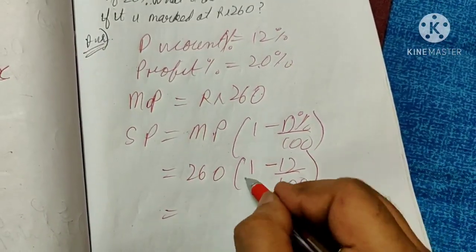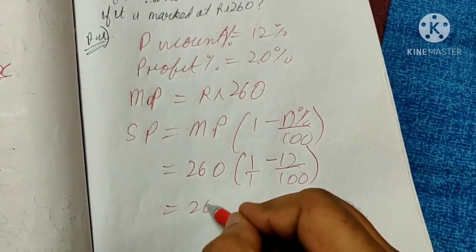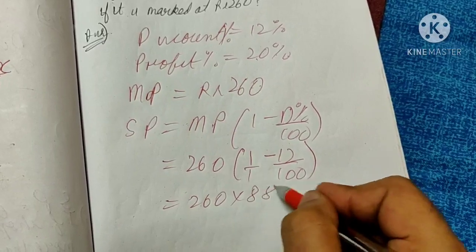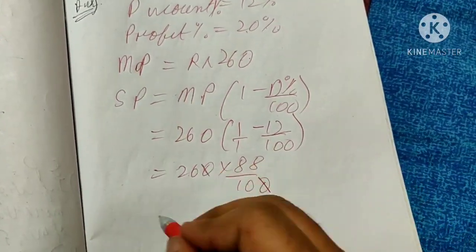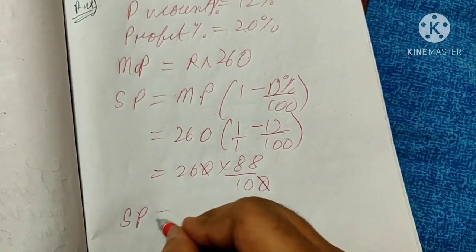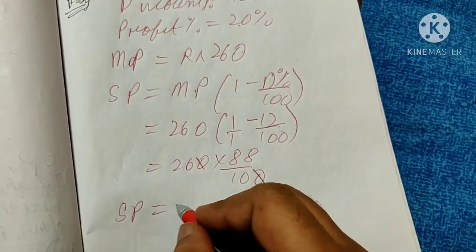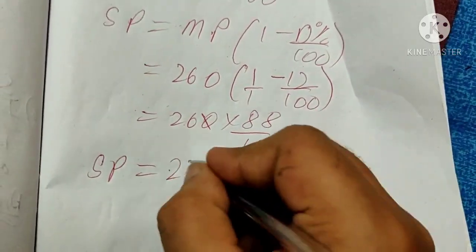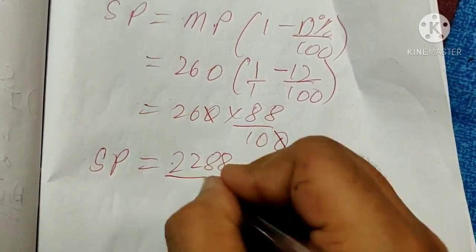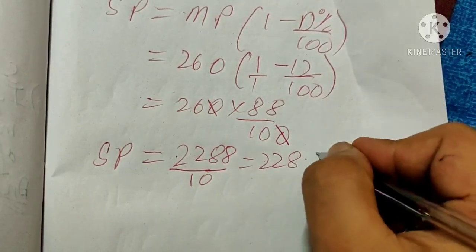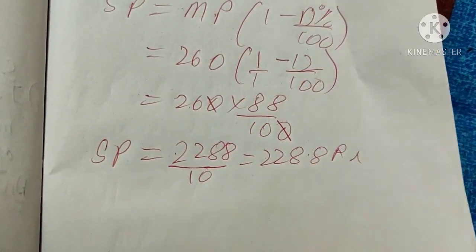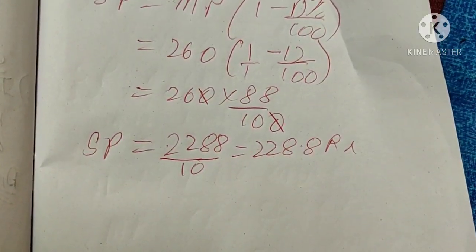Taking 100 as the LCM, you will get 260 into 88 upon 100. This and this are reduced, so SP will be 2288 upon 10, that is 228.8 rupees.